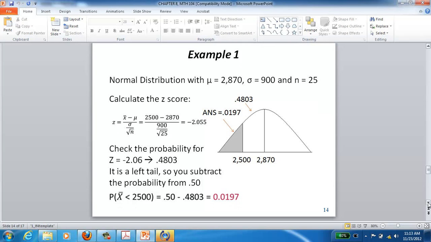Step 1, we calculate the z-score, and now this is the new formula. 2500 minus 2870 over 900 over square root of 25. Calculate the numerator, calculate the denominator, and then divide. So the answer is negative 2.055. So we go to the closest one, negative 2.06.